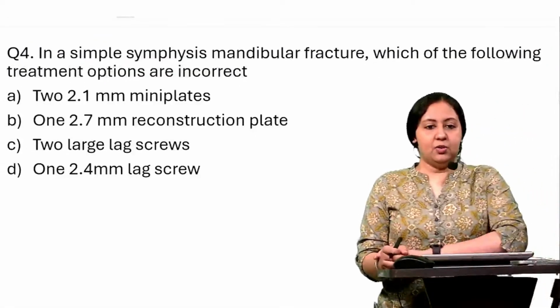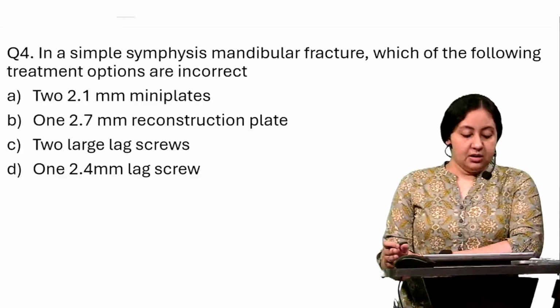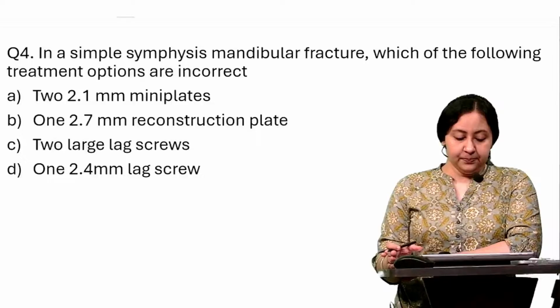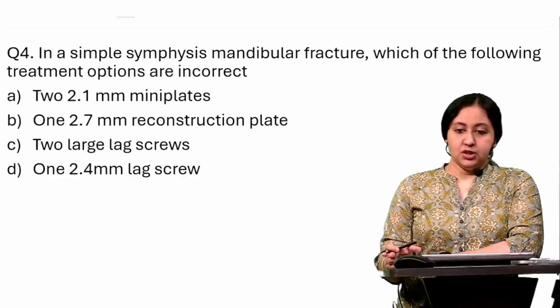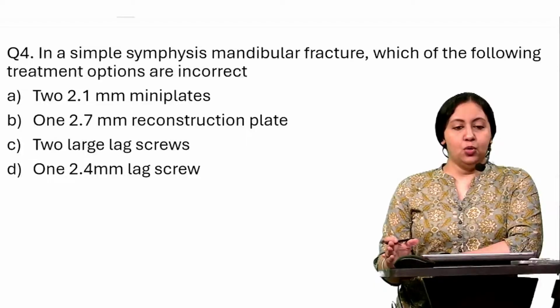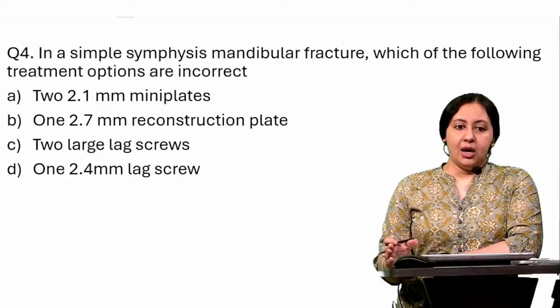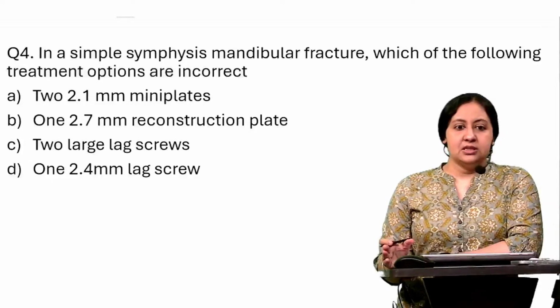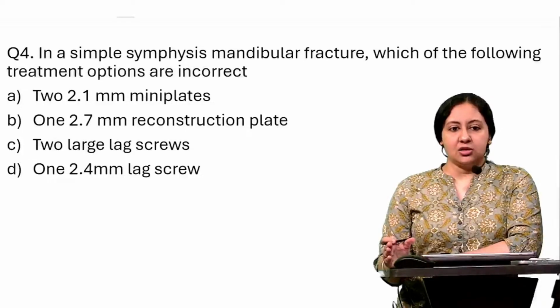Now, coming to the next question: in a simple symphysis mandibular fracture, which of the following treatment options is incorrect? So option A is 2.1 mm mini plates, B 2.7 mm reconstruction plate, C two large lag screws, or D one 2.4 mm lag screw.